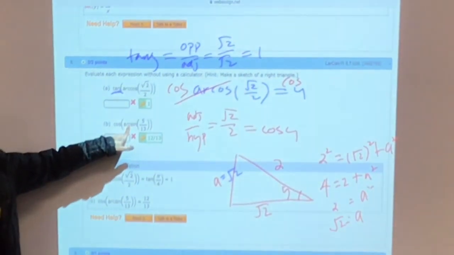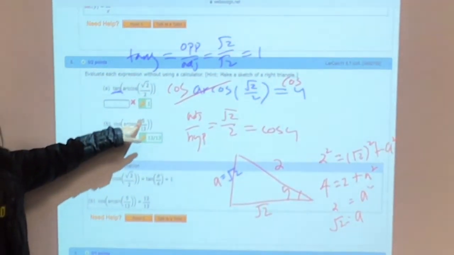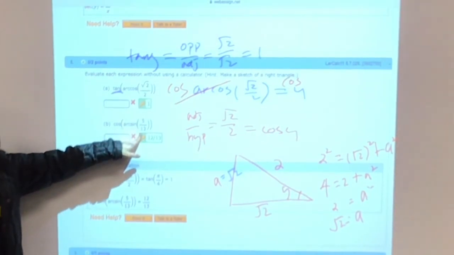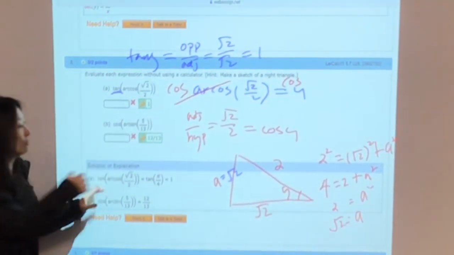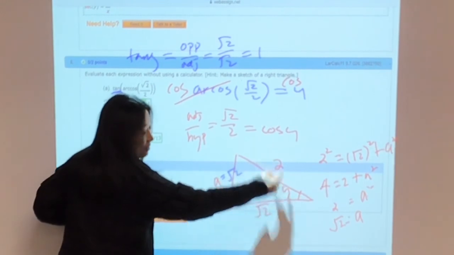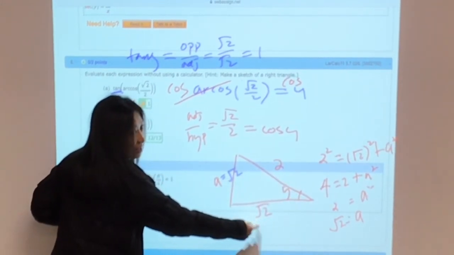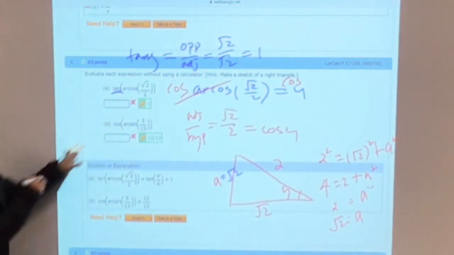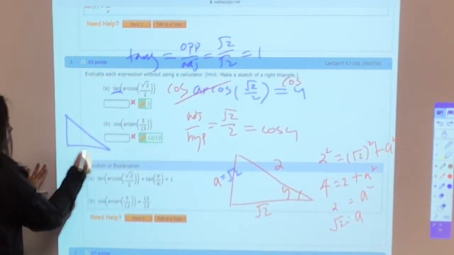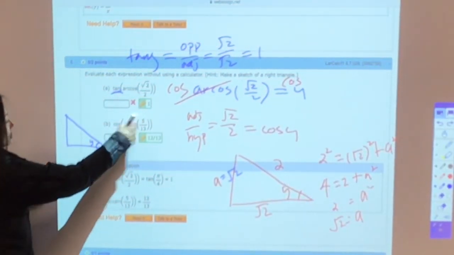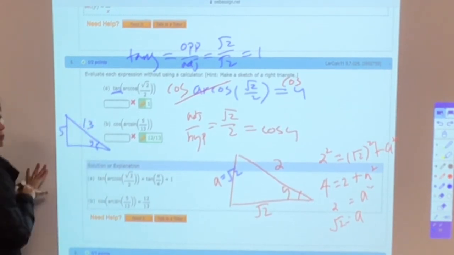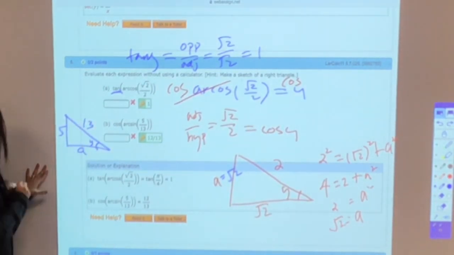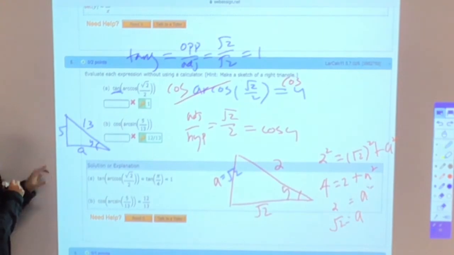You find the arc sine, which is a sine, so you're gonna do opposite over hypotenuse. So you put 5 over 13 and figure out what this leg is. Does everybody see this one? This is the same thing. This is y, this is 5, this is 13, and you gotta figure out what this equals using the Pythagorean theorem.